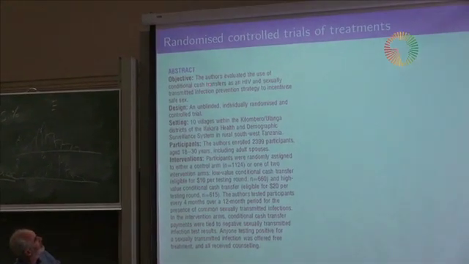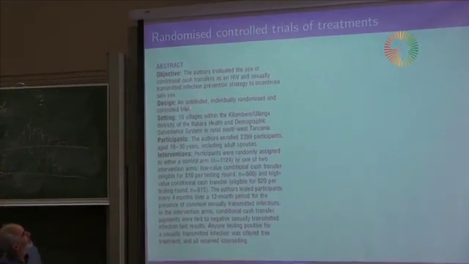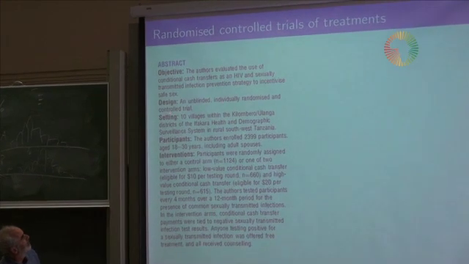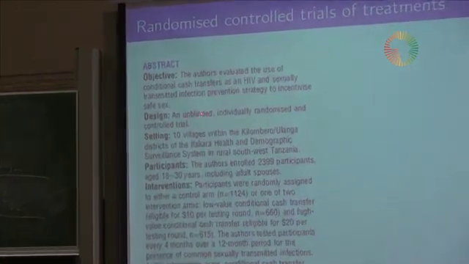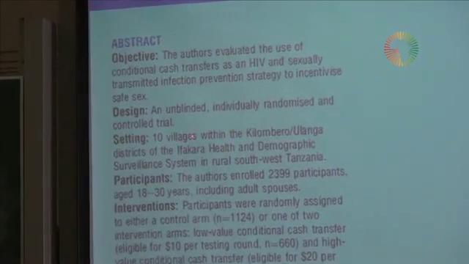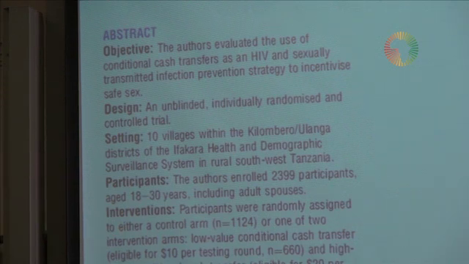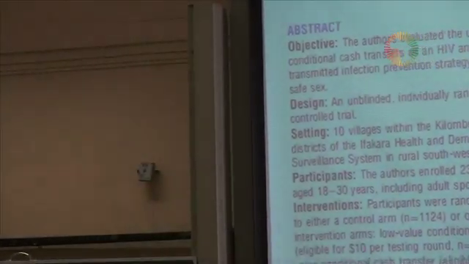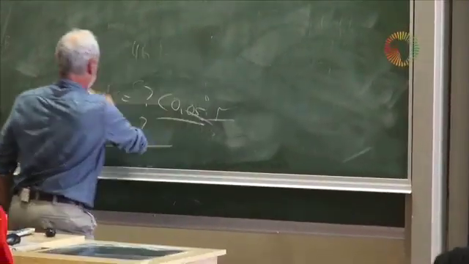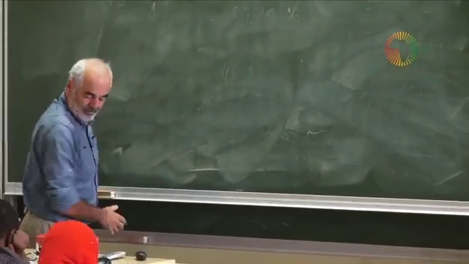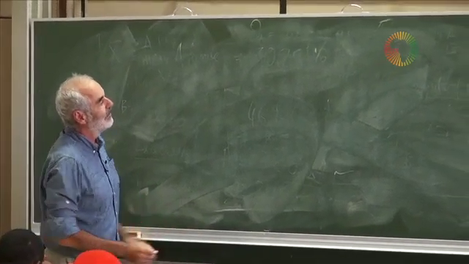They evaluated the use of conditional cash transfers. It's an unblinded, individually randomized controlled trial, and I'll talk about the unblindedness. They chose 10 villages in an area in rural southwest Tanzania, and 2,400 people were enrolled. And this is the amazing bit really: they got them to agree to be randomly allocated.